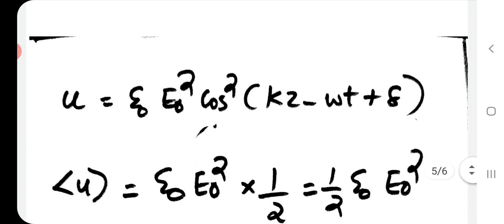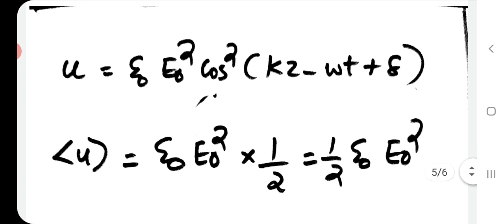The energy density U is epsilon 0 E0 square cos square (kz minus omega t plus delta). So the average value of the energy density, which is what we get when we make a measurement, is epsilon 0 E0 square times the average value of cos square, which is half. So that is equal to half epsilon 0 E0 square.